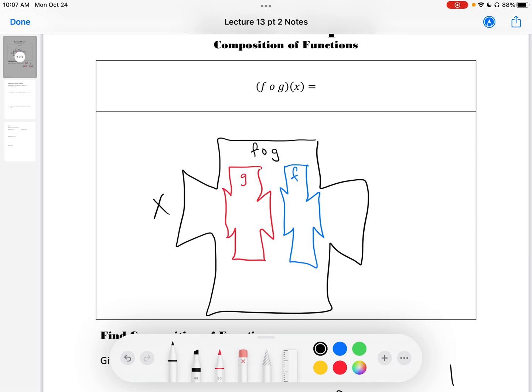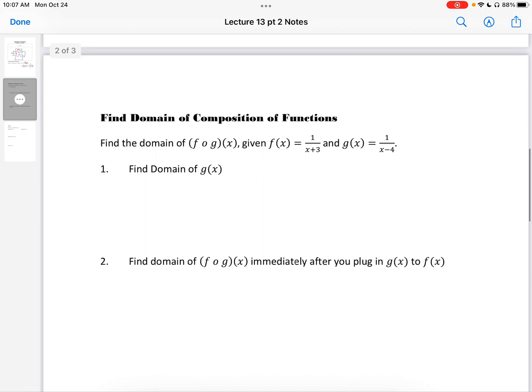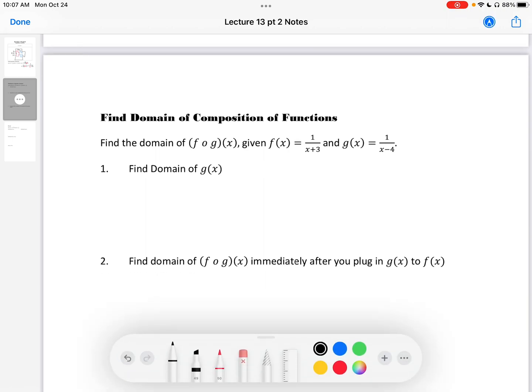We've got to know what inputs can go in. So the first thing that the input does when it goes into the function is it goes into this g function here. So that is why when we solve these, f open circle g of x, that g, whatever that letter is there, is the first thing the x will go into.